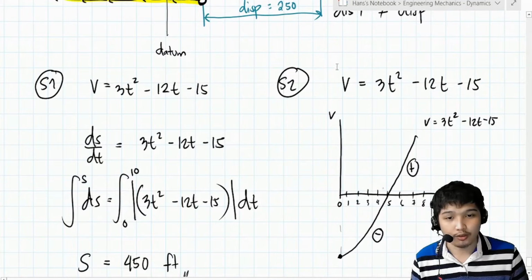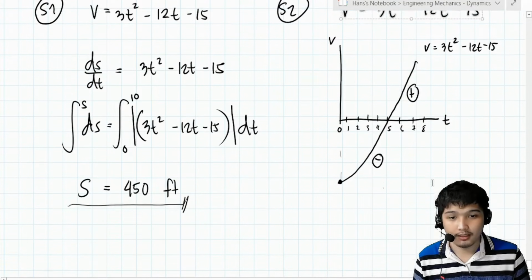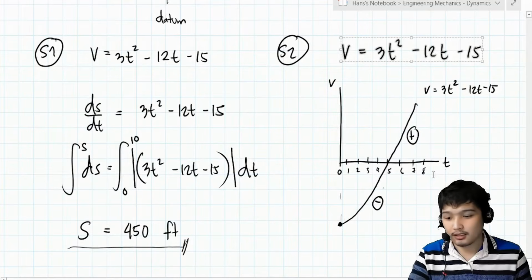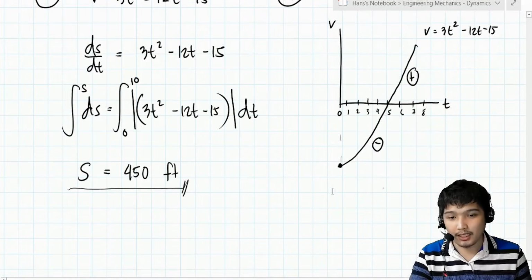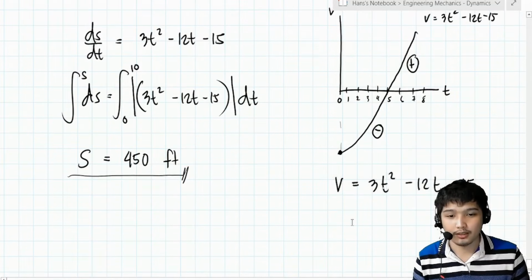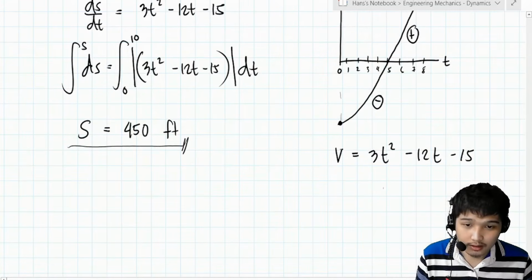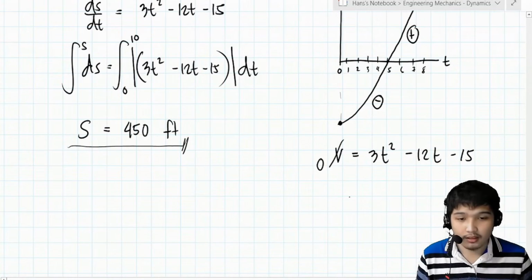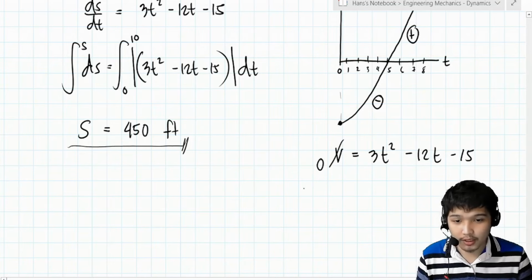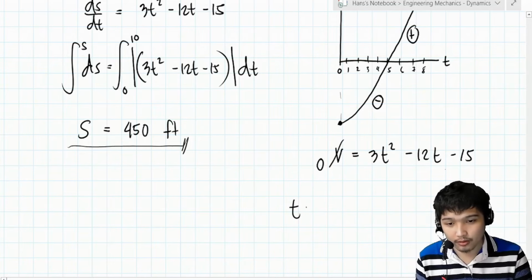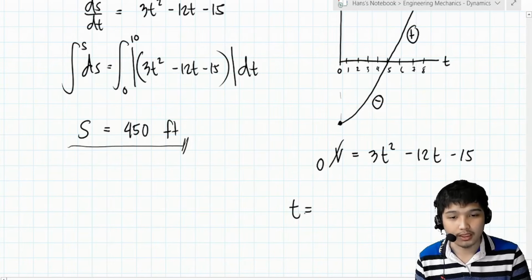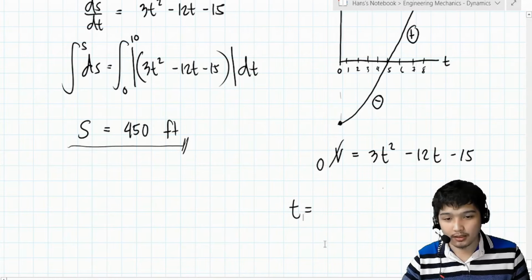So, yun yung reasoning kung bakit kailangan natin hanapin yung zeros neto. Okay? So, ang gagawin natin, hahanapin natin yung zeros. Kailan nag-zero yung velocity. Pag ito nag-zero, since that is quadratic equation, we will be able to solve two possible values of time t. So, kailan magsi-zero ang velocity, guys?